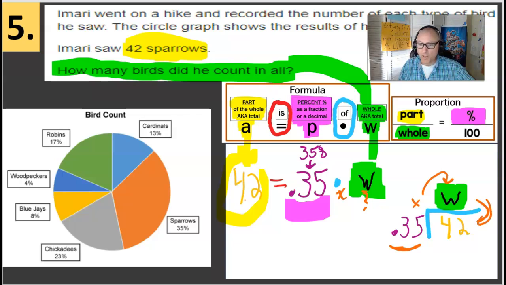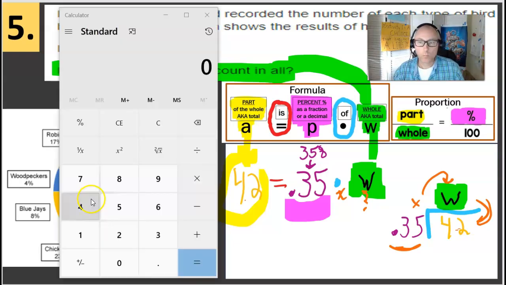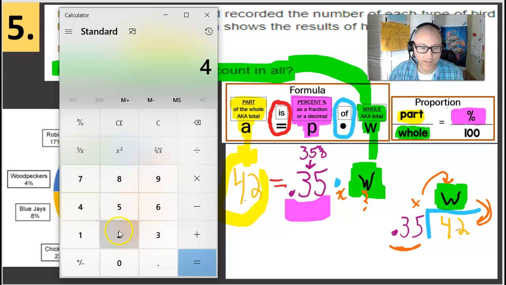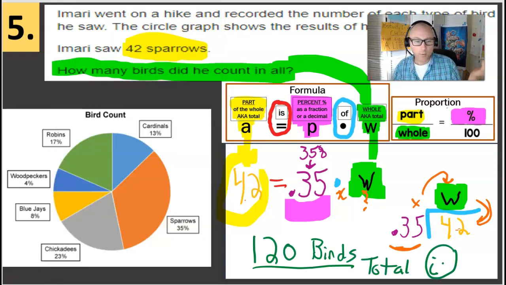So what do we multiply 0.35 by to get 42? That's division. So 42 divided by 0.35 is, all right, I'm getting a calculator. 42 divided by 0.35, 35 hundredths, which is 35 out of 100, 35% equals 120. 120 birds total, and 42 of them are sparrows.